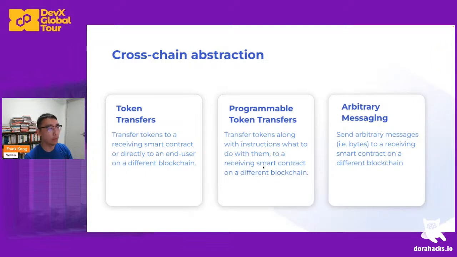But if we abstract these 2 types of cross-chain, we will see that if you can just move an arbitrary message from the source chain to the destination chain, you can actually achieve these two types of cross-chain.